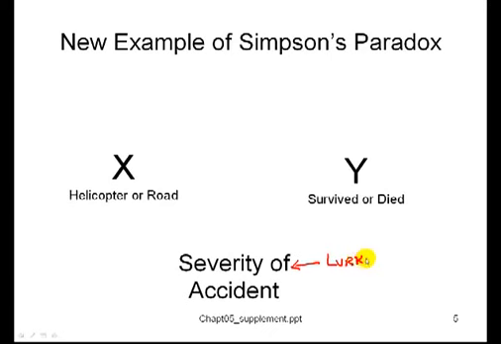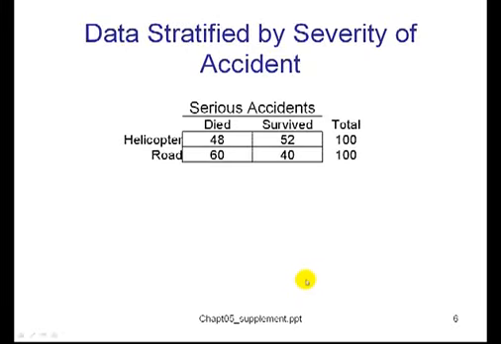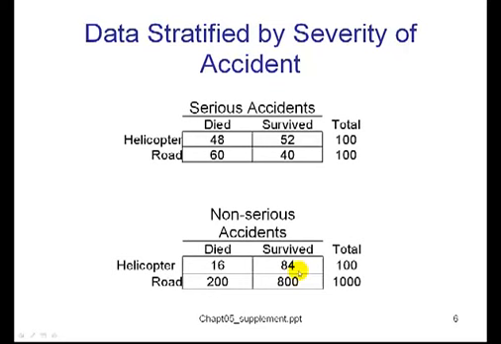And for this chapter anyway, a good way to look at the effect of the lurking variable is to stratify the data according to accident type, so analyzing serious accidents separately from non-serious accidents.